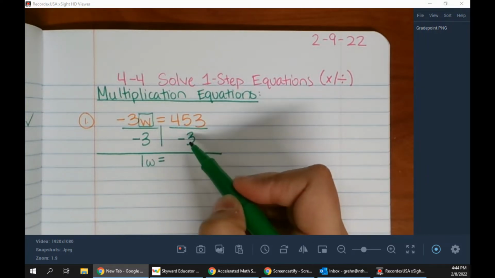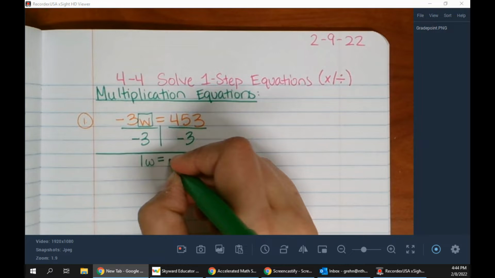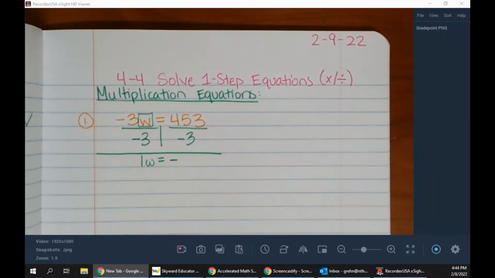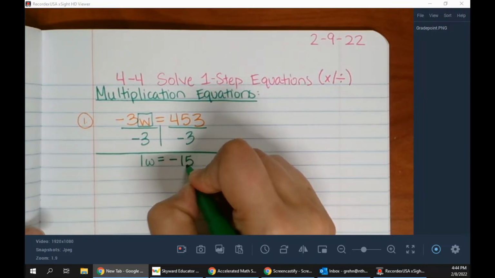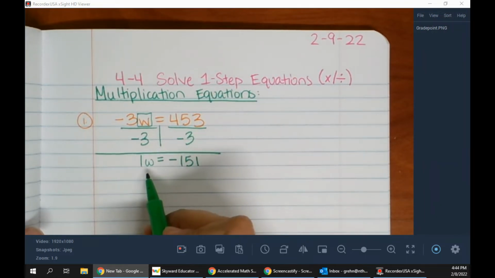So I have a positive divided by a negative number, so I know my answer is negative. And when I divide those out, that gives me 151. Well, we wanted the variable by itself, not with something else. But if you think about it, 1 times w, well, 1 times any number is itself.